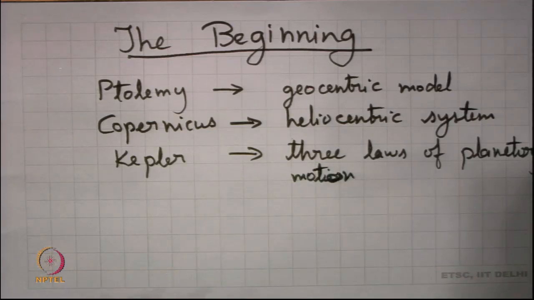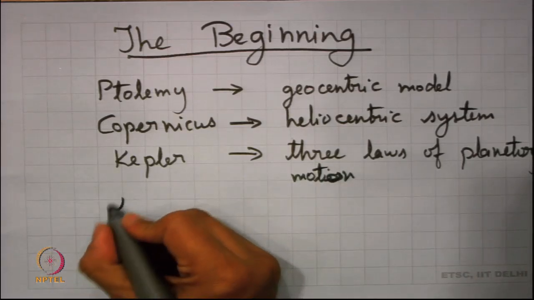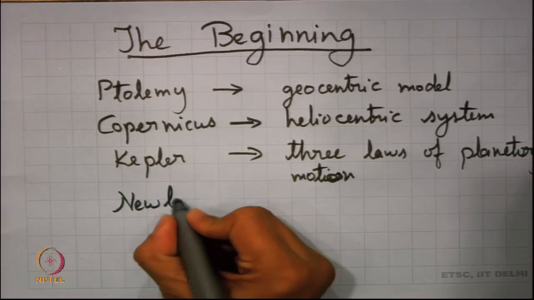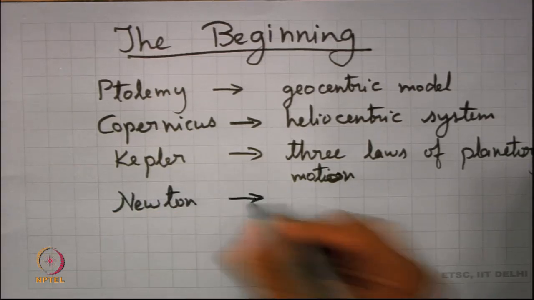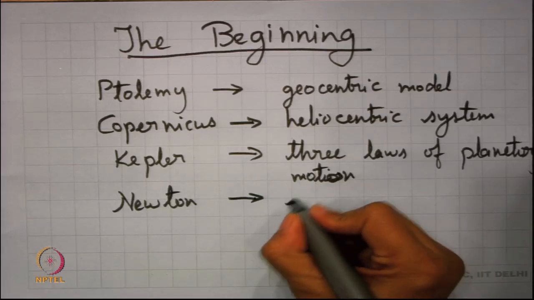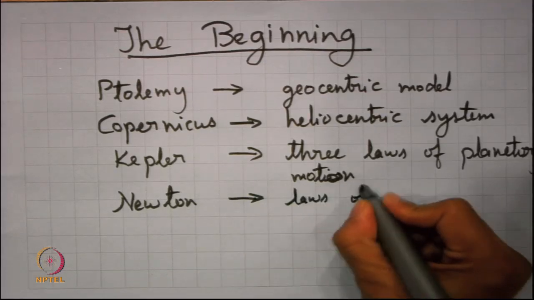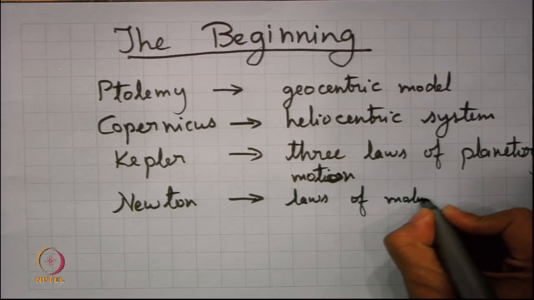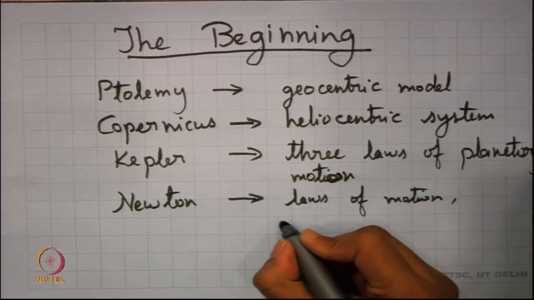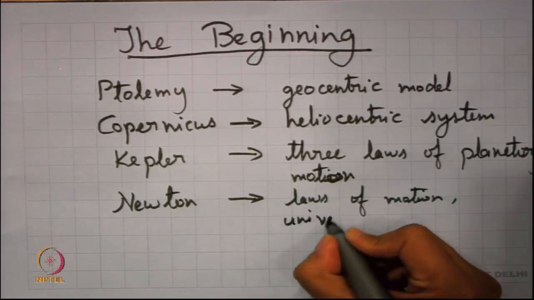And after Kepler, we had Newton, who essentially gave the mathematical laws of motion. He described the laws of motion in terms of mathematics and also discussed the universal law of gravitation.